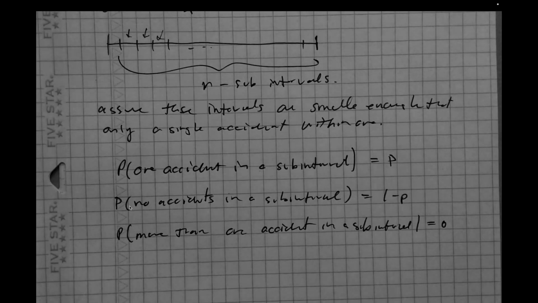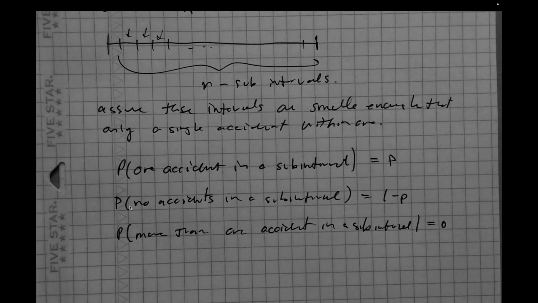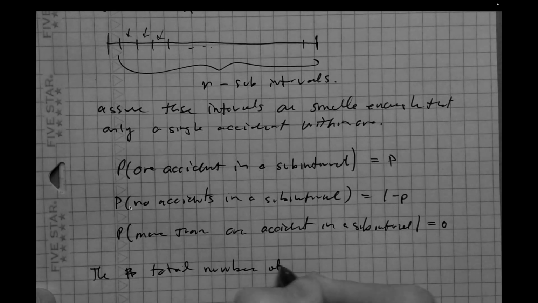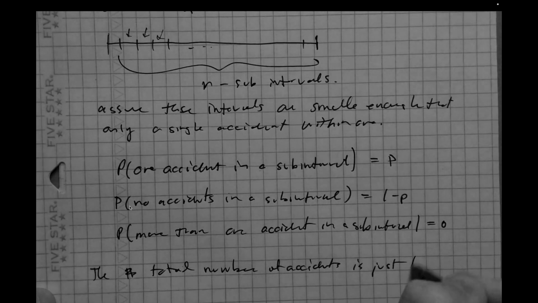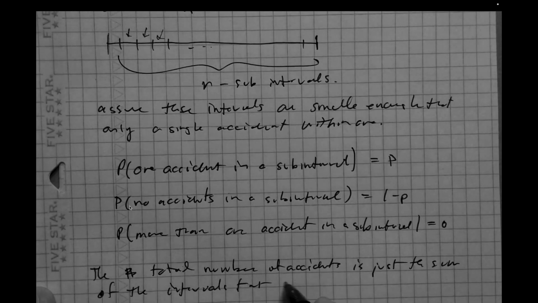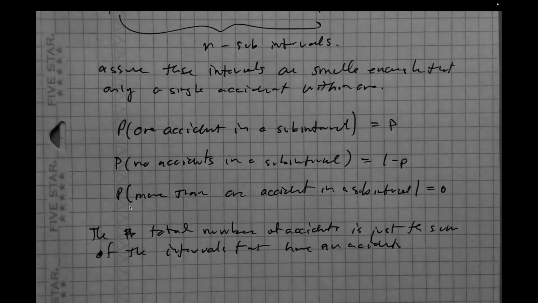So you can see that the total number of accidents that occur over this entire period is really just the sum of the subintervals that contain an accident. You can see how that's the case.